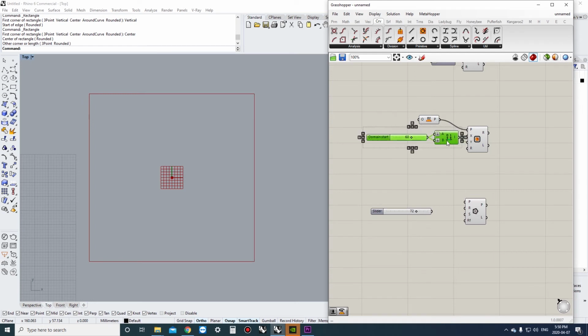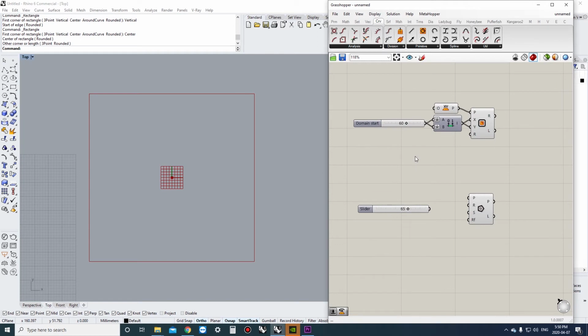So this rectangle, built from the center point, has a dimension of 60. If you wanted to do this, you would do it this way. But the polygon might come in handy for a different case.